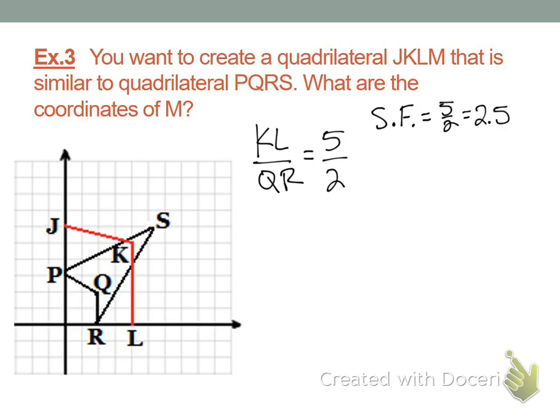Earlier on in the problem, we said that point M that we're trying to find is going to correspond to what other point? S. So it would be helpful if we knew the coordinates of point S. Where is point S? 5, 6.